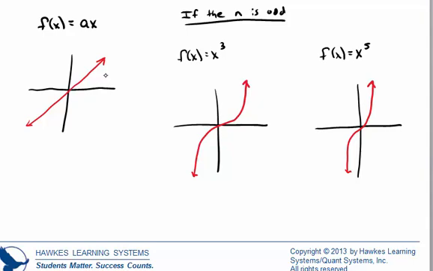So we want to keep in mind that that is the progression for the odd powers of x. We start with a line, then that line moves into this sort of S-shaped curve, which gets more narrow as we increase the exponent. The other case is if the exponent is even.